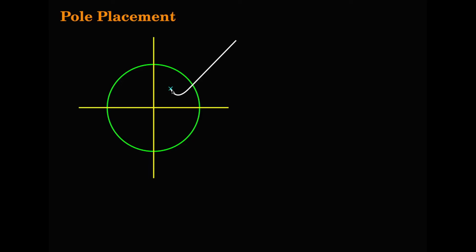This is pole 1, an open loop pole within the unit circle, and its root locus. This is the other complex conjugate pole, the second pole, and its root locus. Then there is the third pole I'm going to place here, and the root locus along the negative x direction.